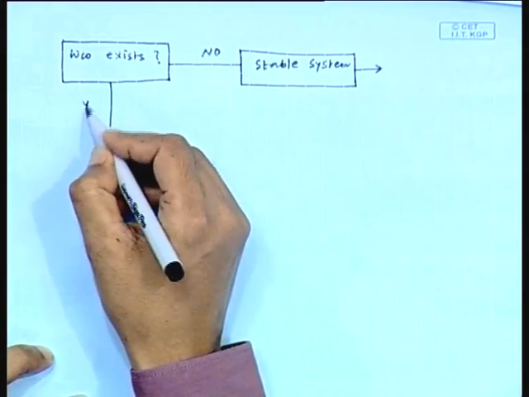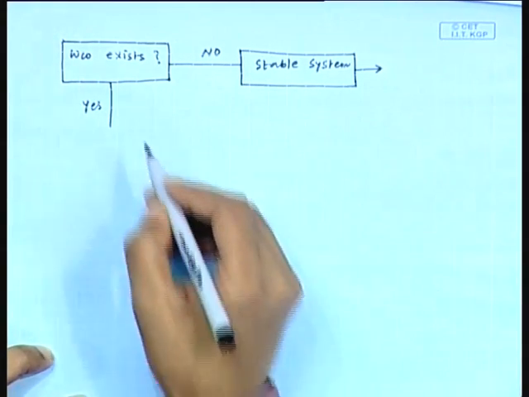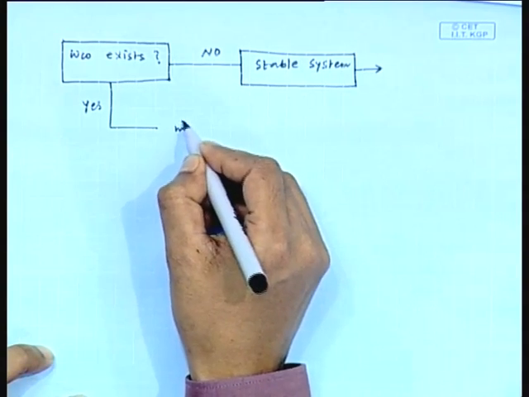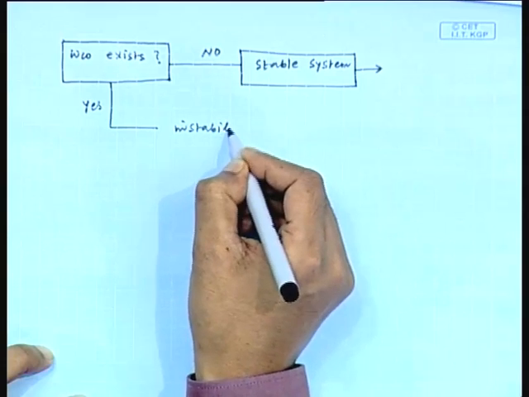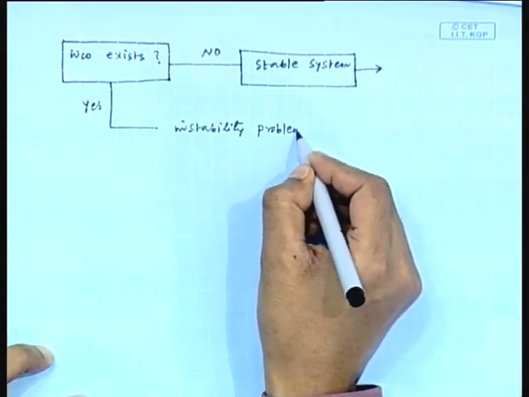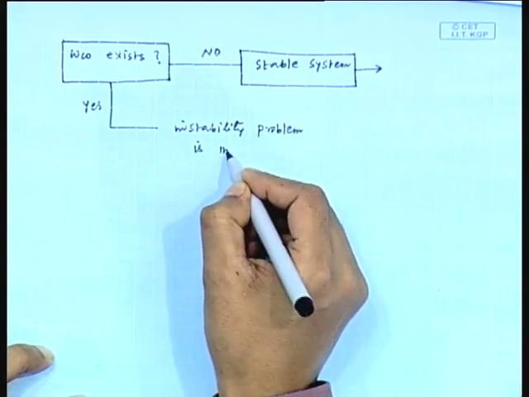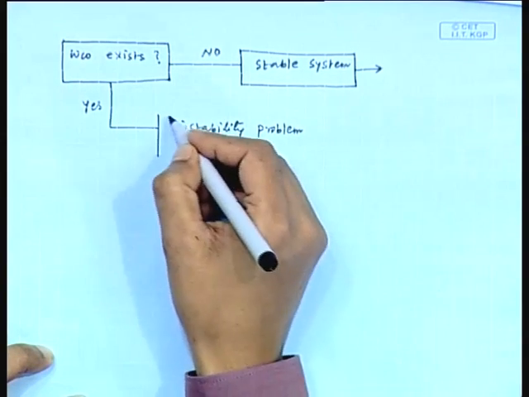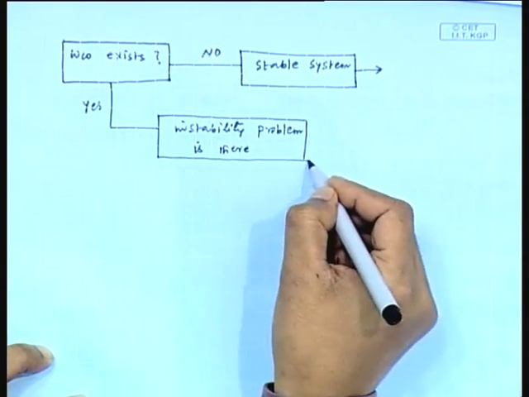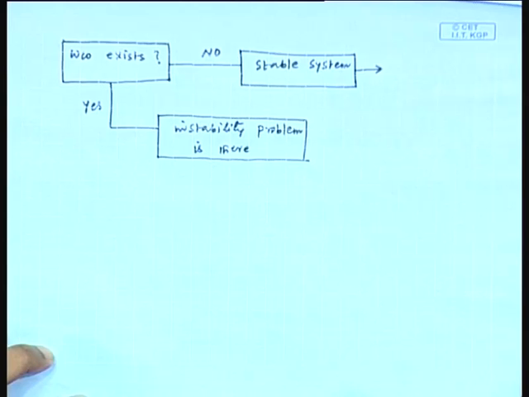Now, if the answer is yes, crossover frequency exists, then instability problem is there. So, how can we make this unstable system stable?